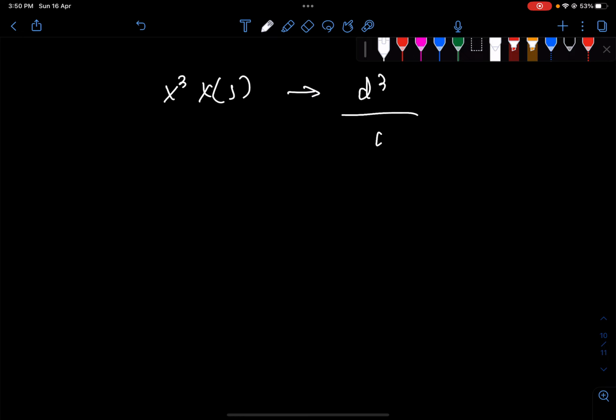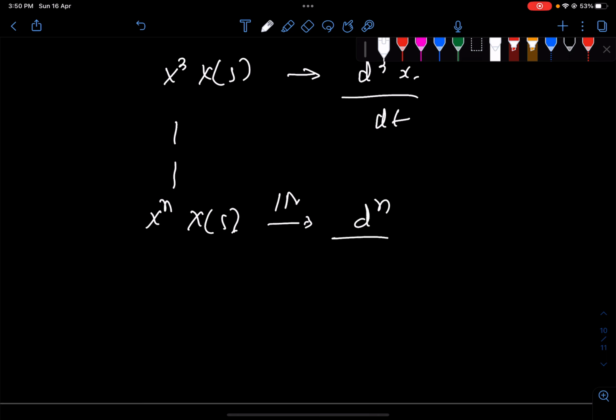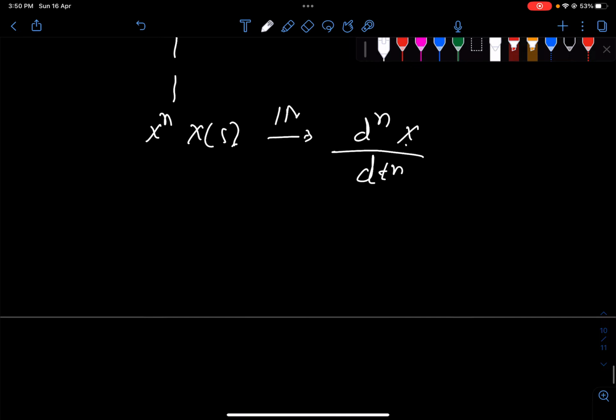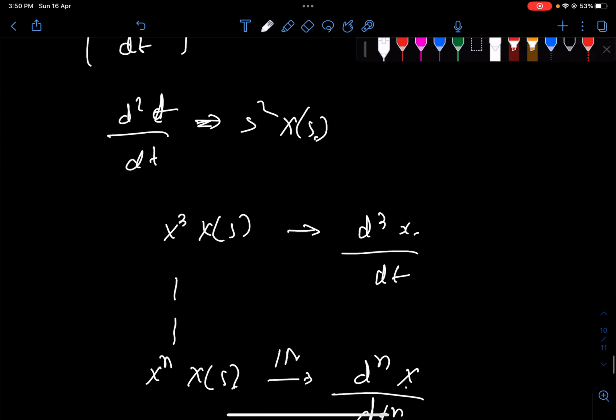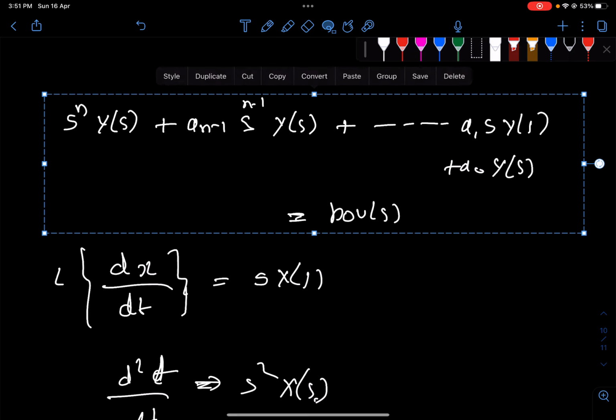That is the third derivative of x. So what will it be for s to the power n X of s? Its inverse Laplace is the nth derivative of x. Similarly here, this is our equation, right?